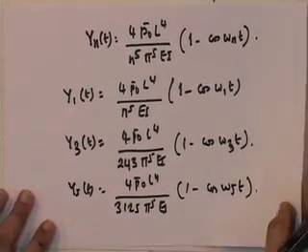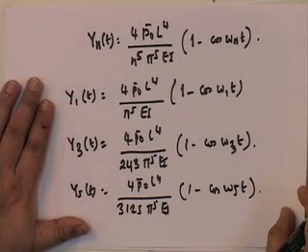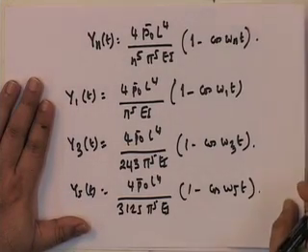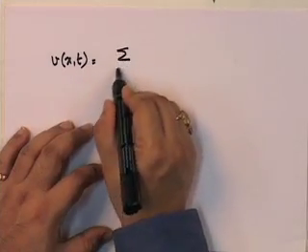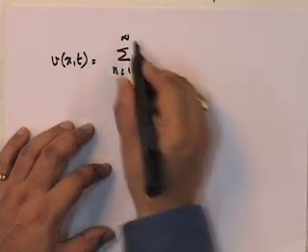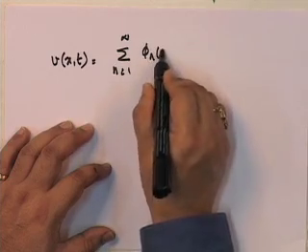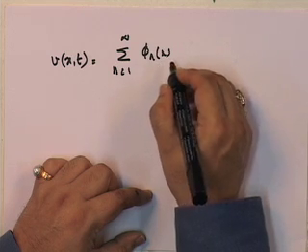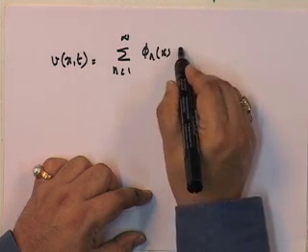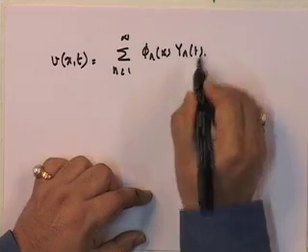So now if you look at this, these are my y1, y3, y5. Okay. So now if I look at my v of t, my v x of t is equal to summation n going from 1 to infinity phi n x into y n of t.